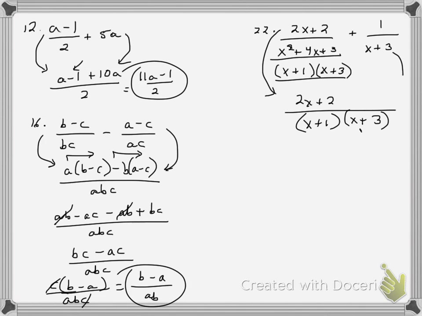Here, however, in the second one, I need a multiplier of x plus 1, so you're going to have plus x plus 1. I normally wouldn't expect you to write that, but we'll go ahead and distribute it, just showing you what the thinking is. 2x plus 2 plus x plus 1 all over the common denominator.